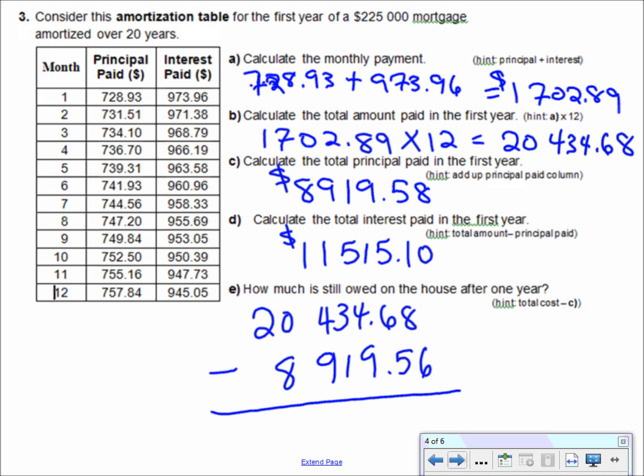Why does it say total amount minus principal paid? Because remember, some of those payments are going to interest, not principal, so they want you to calculate the actual principal, not the interest.